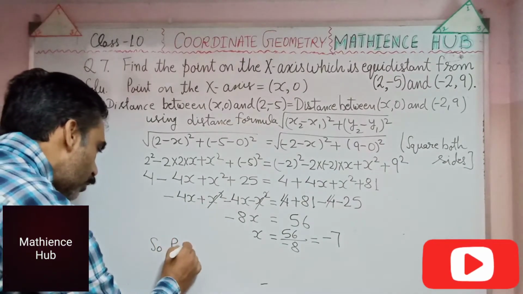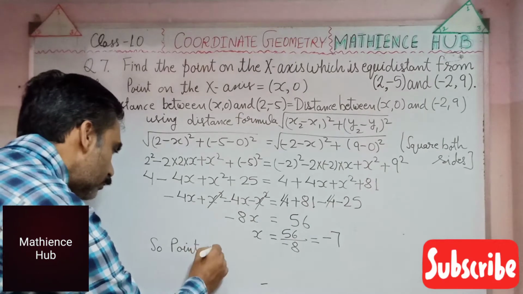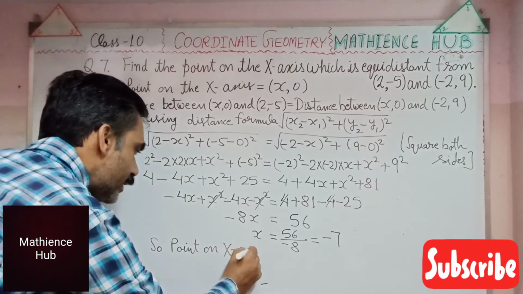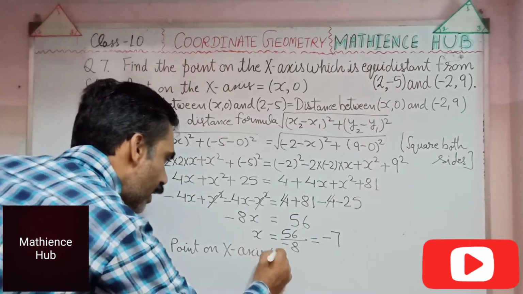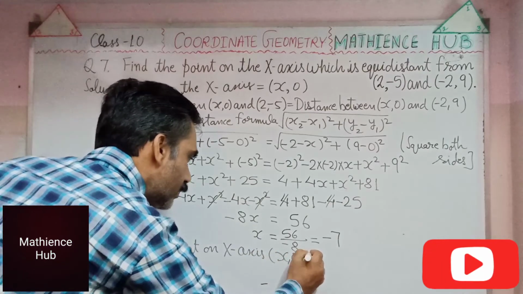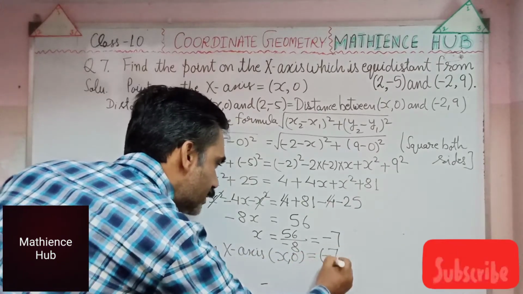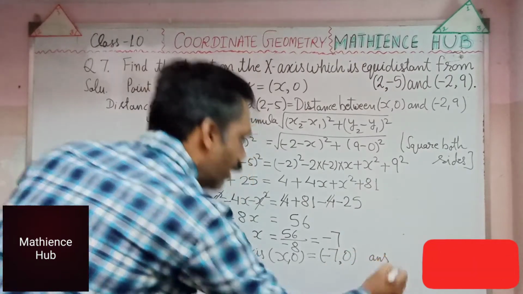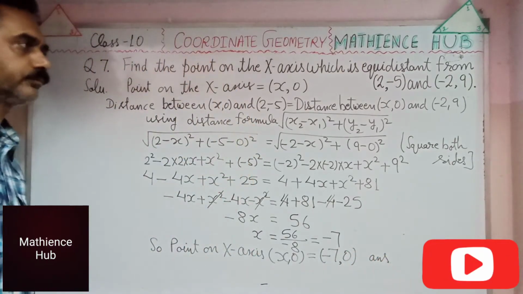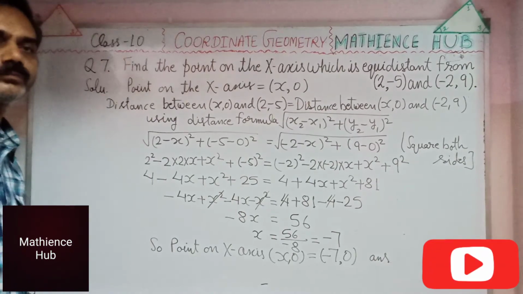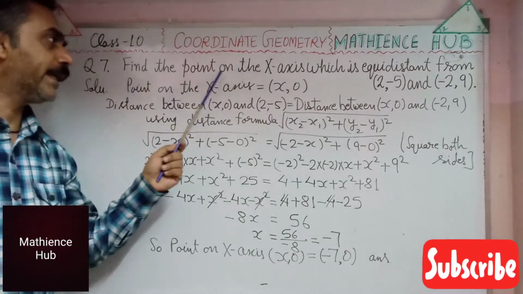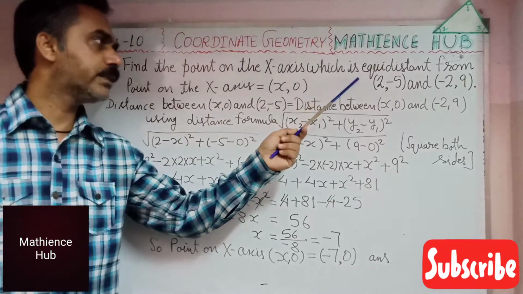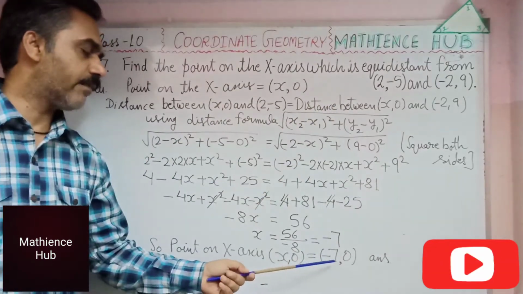So the point on the x-axis, (x, 0), is (-7, 0). This is the answer. So the point on the x-axis which is equidistant from these is (-7, 0).